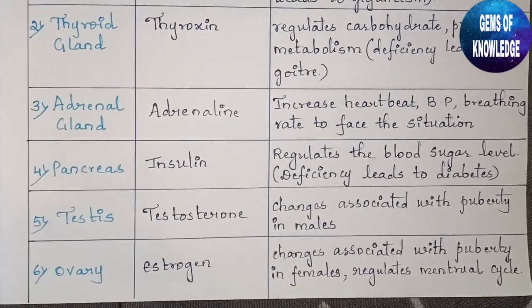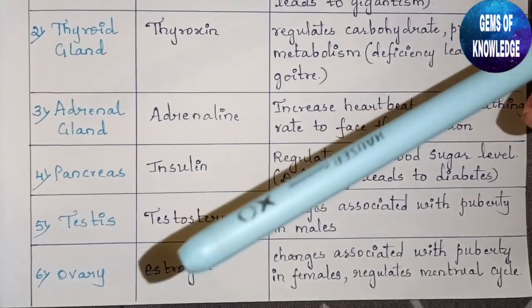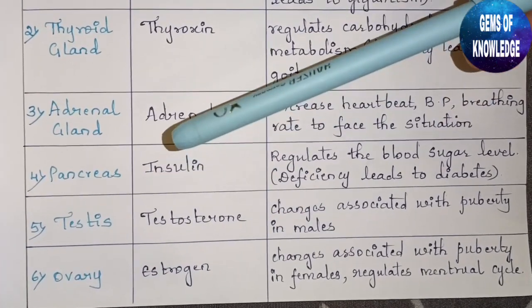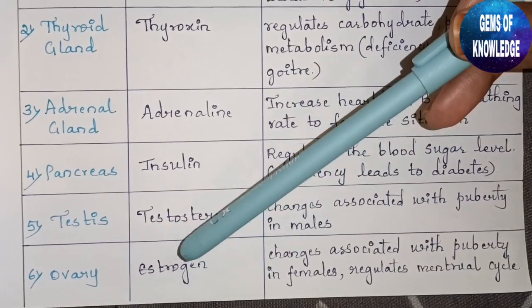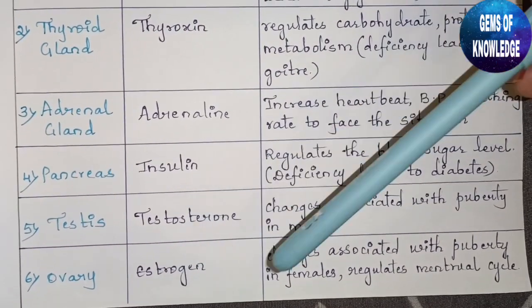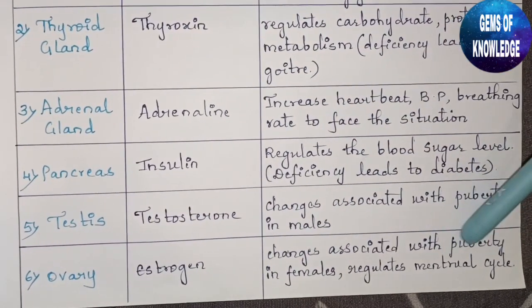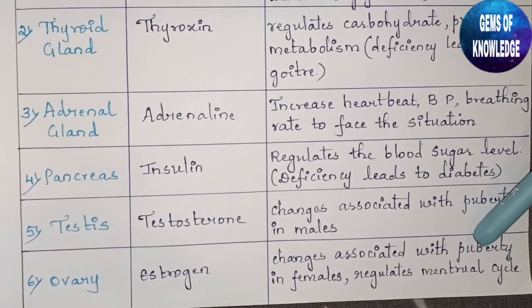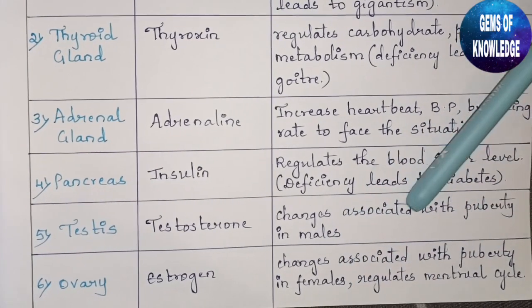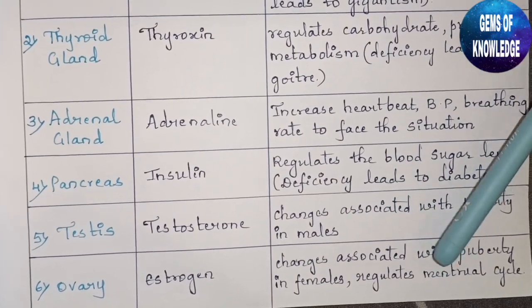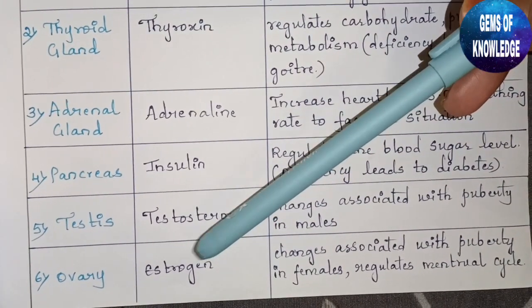The last one is the ovary. The ovary is part of the female reproductive system, and the hormone secreted by the ovary is called estrogen, and it is related to the changes associated with puberty in females and the menstrual cycle. So whatever changes occur in a female at a young age are due to this hormone.